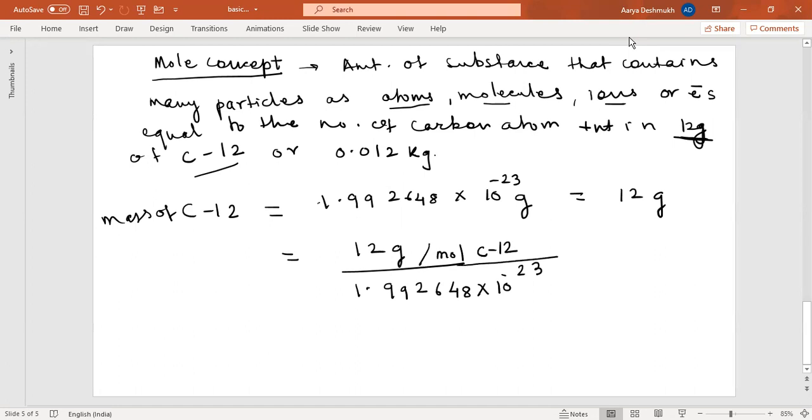Okay. So if you divide this, you will get the answer, that is 6.022137 into 10 raised to 23 atoms per mole.